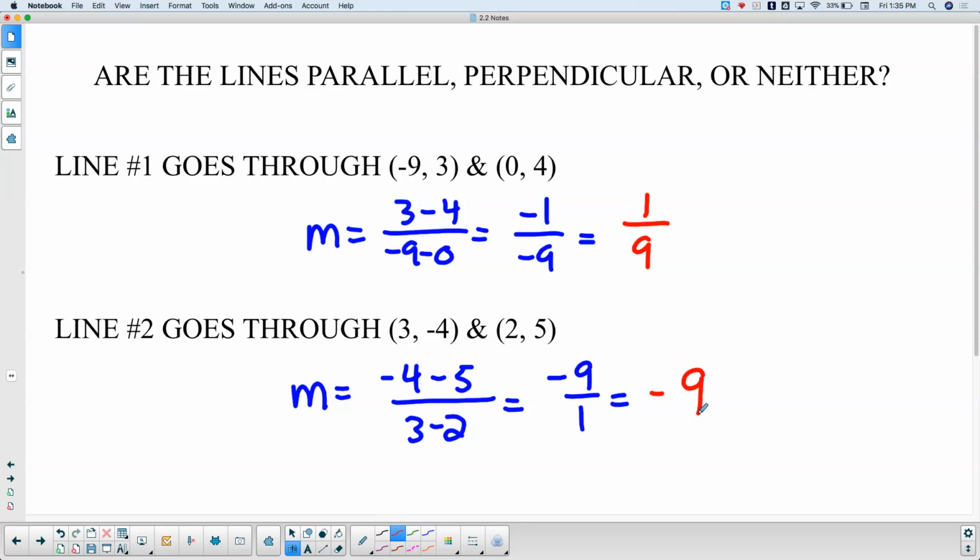So clearly they're not the same, right? The two red numbers are not the same, so not parallel. Okay? Are they opposites? Yes. Are they reciprocals? Yes. So that makes them opposite reciprocals. So therefore, yahoo, those two are perpendicular.